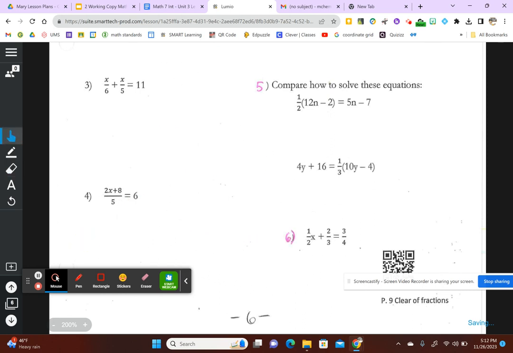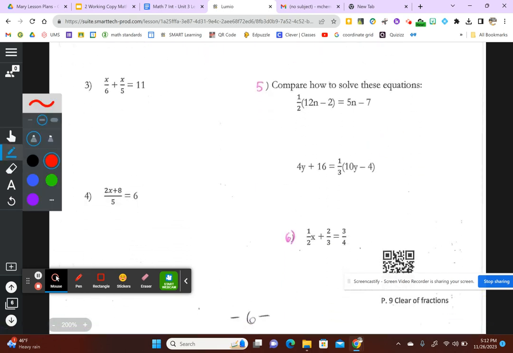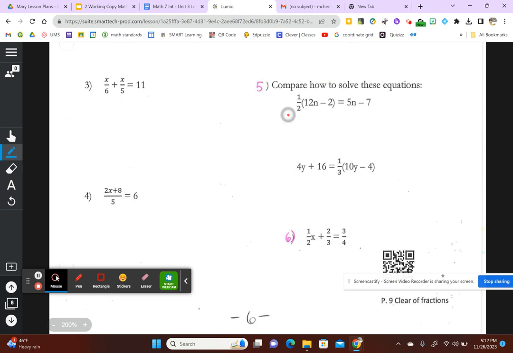Okay. So now let's look at number 5. Number 5 says, compare how to solve these equations. So here, for number 5, 1/2 times 12n minus 2. Two different ways I can do that. If I multiply 12 by 1/2, I can get 6n and get rid of the fraction.